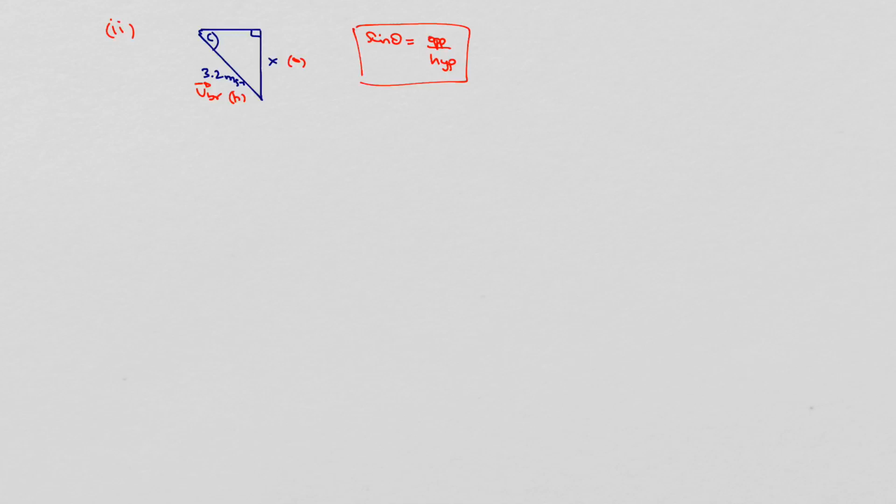And therefore I'm going to have two cases. So sine C, when C is 39.48 degrees, is equal to the opposite, x, over the hypotenuse, which is 3.2. So x is equal to 3.2 by sine 39.48 degrees.